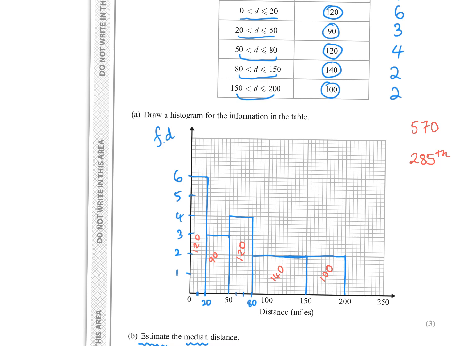And as we've done a histogram, an interesting way of looking at it is that we're looking for half of the area in total. So we start from 0 and we want to capture an area of 285.